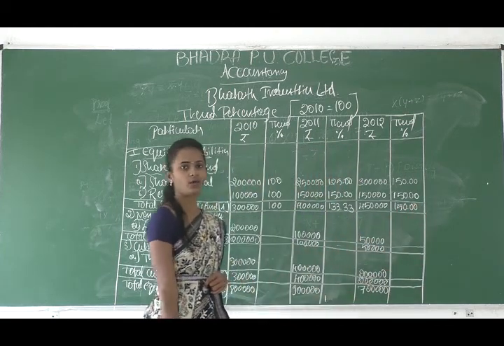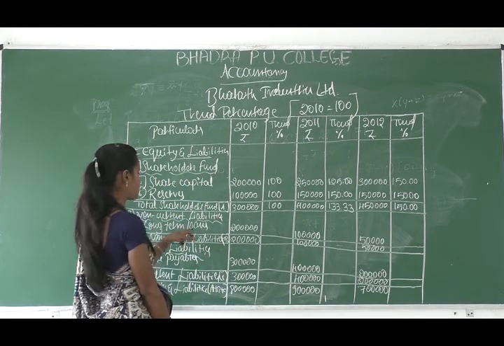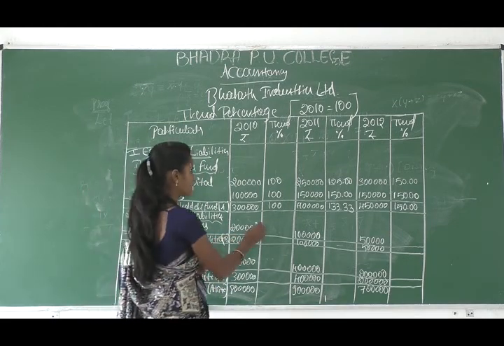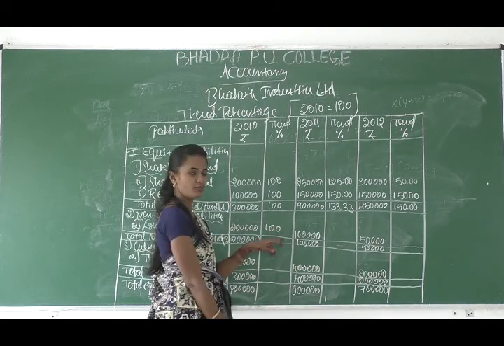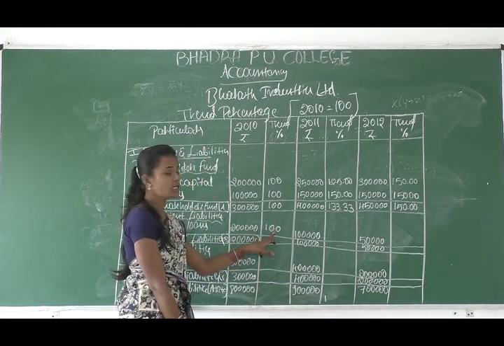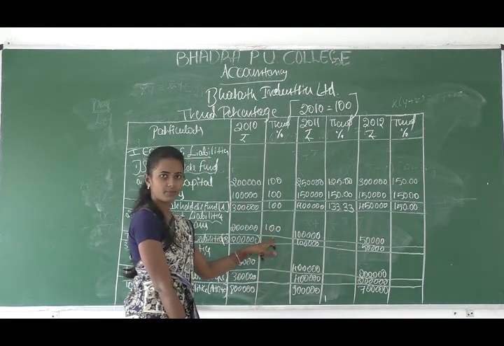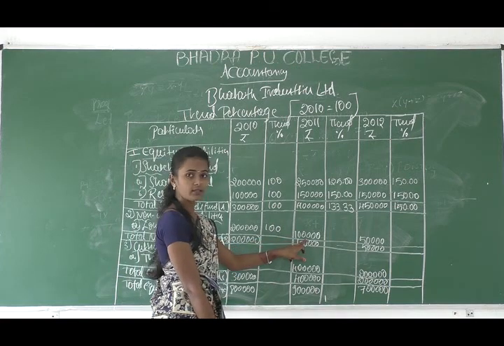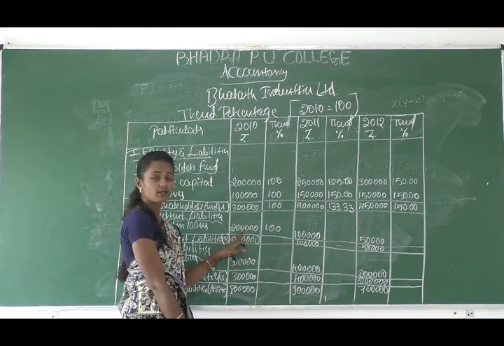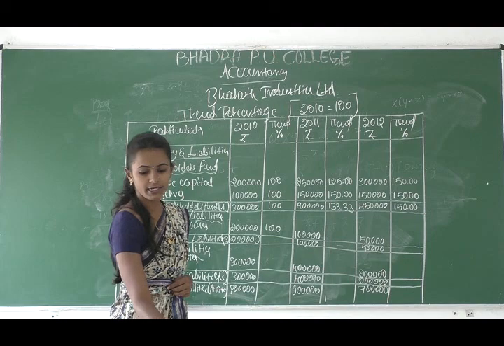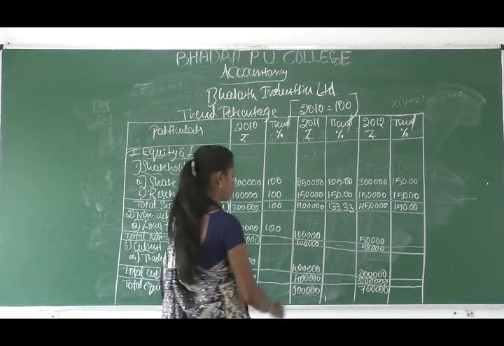Okay, and next, long term loans. Again 2010 is our base year, for that reason we will get 100% in 2010. Here 1 lakh divided by 2 lakh into 100, then you will get 50%.